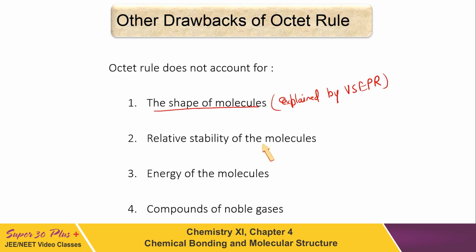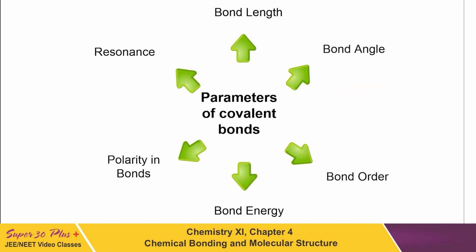Lewis structures or the octet rule never explain the relative stability of the molecule. It has not given any idea of the energy of the molecule. Compounds of the noble gases are not explained by the octet rule. Why and how do noble gases form compounds? Because they already have a complete octet. So this is not explained by the octet rule.